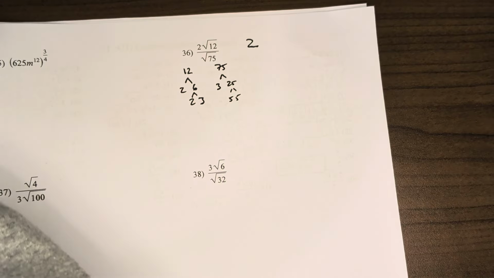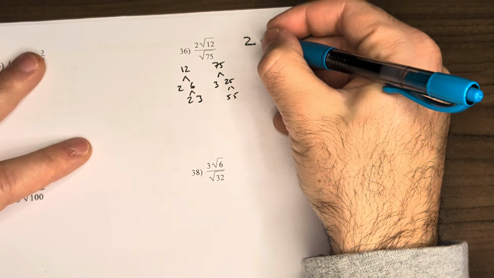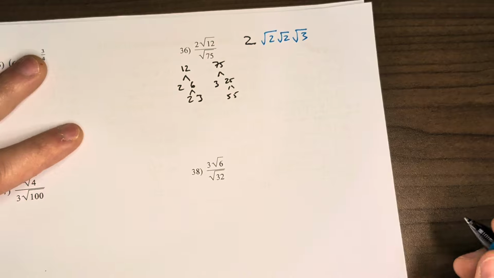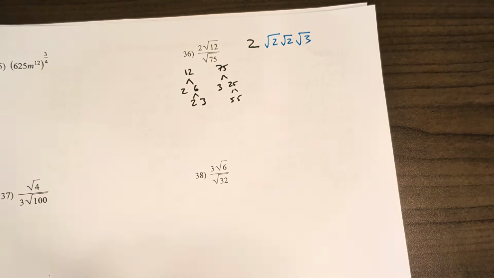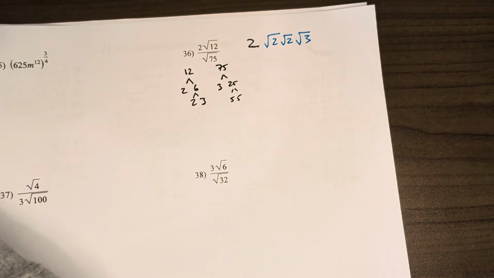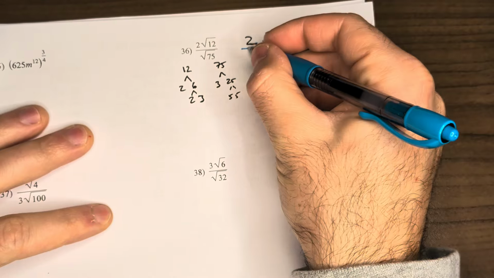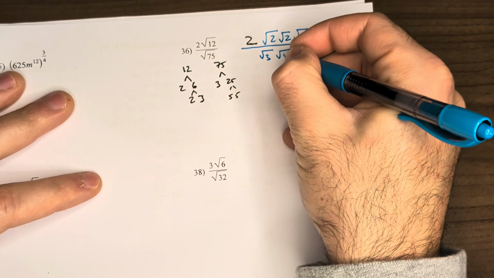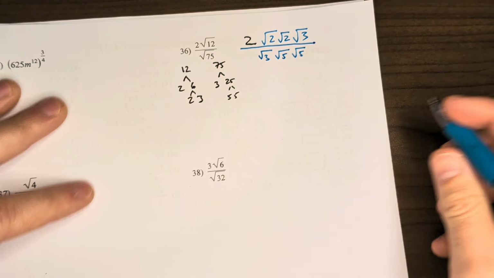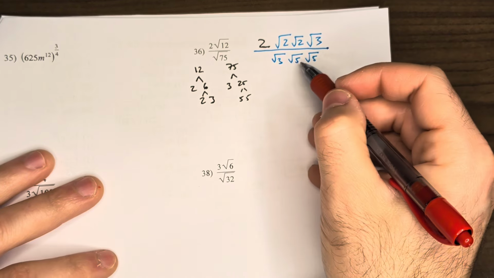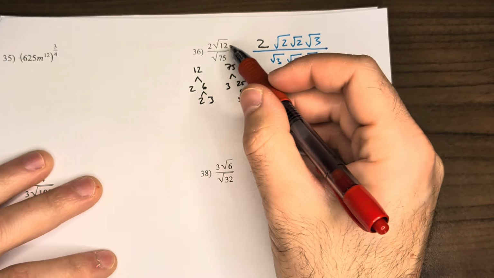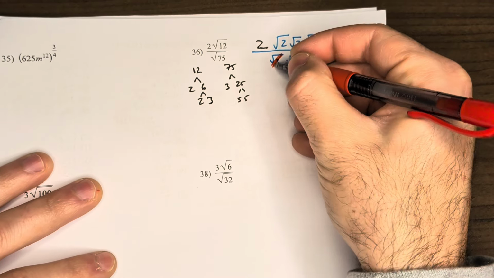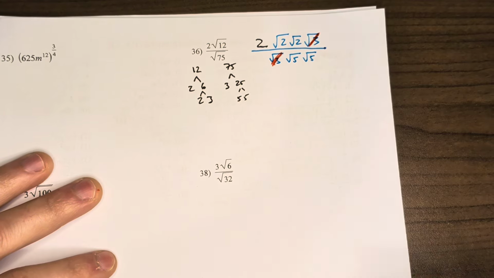This radical 12 is radical 2, radical 2, radical 3. On this radical 75, I get radical 3, radical 5, radical 5. This is the 75 here. This is the 2, and this is the 12. So I know that I can cancel radical 3 and radical 3 on top and bottom.